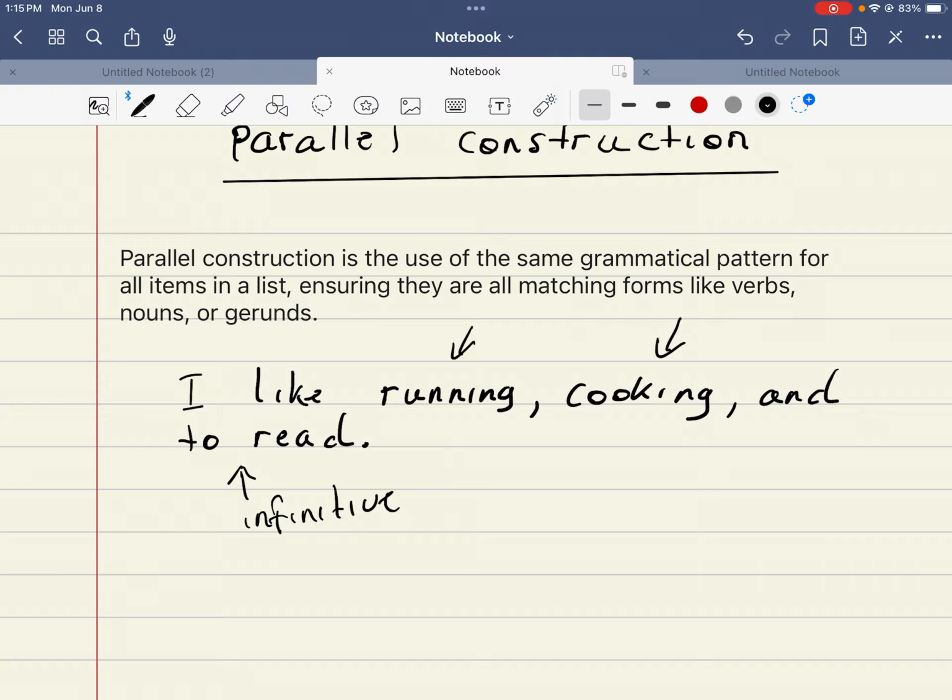So in this case, we have two that end in ing, and then we have an infinitive. So we don't want that. We want everything to be the same. Either all of them end in ing, verbs ending in ing, or they're all infinitives.